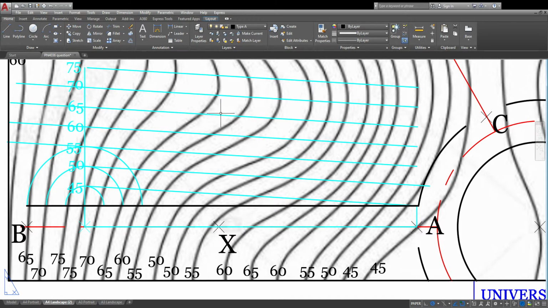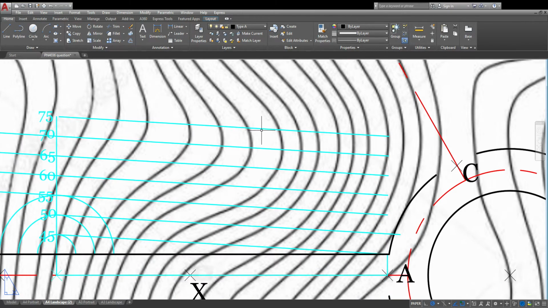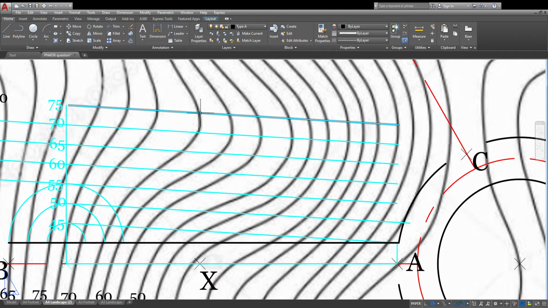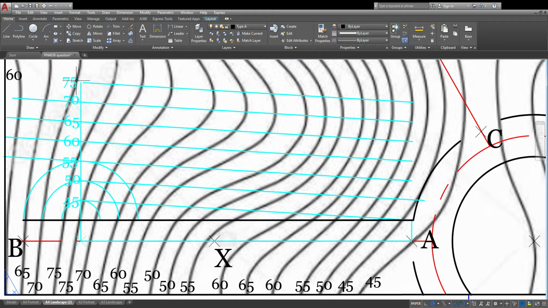When we have all them points plotted, we have to plot the points of intersection between these lines and their corresponding contour line. So in this case, this 75 will cut in how many places? 1, 2. Because there's 2 contour lines at 75 meters, it will cross them at 2 points. As will the 60 line along this way cut our representative 60 line, which will cut here.